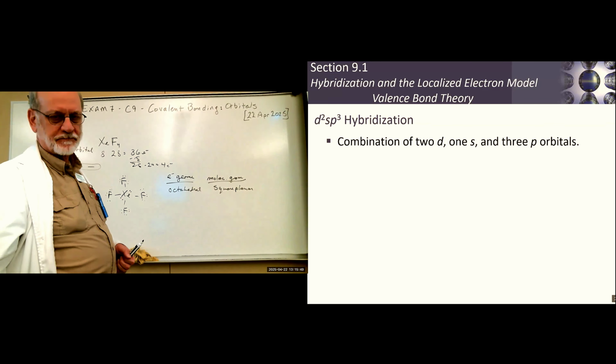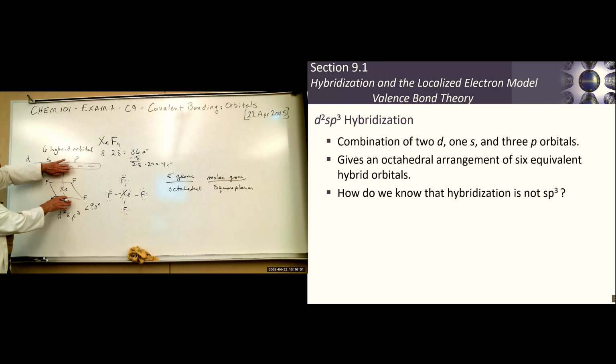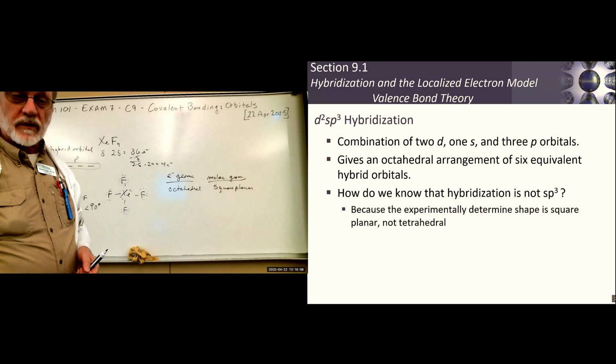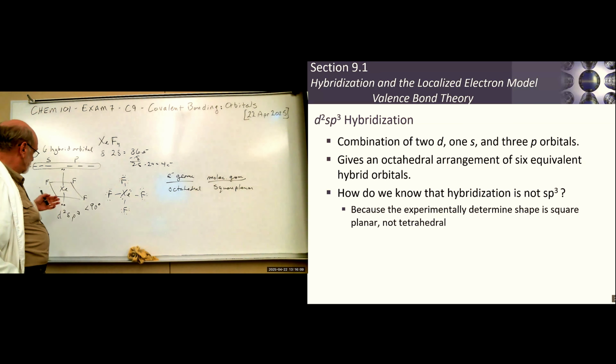How do we know the hybridization is not sp3, right? Because if we ignore these, we only need 4, right? Well, the reason is experimental data tells us that it's square planar and not tetrahedral. If we only had sp3 hybridization, that molecule would have to be tetrahedral.